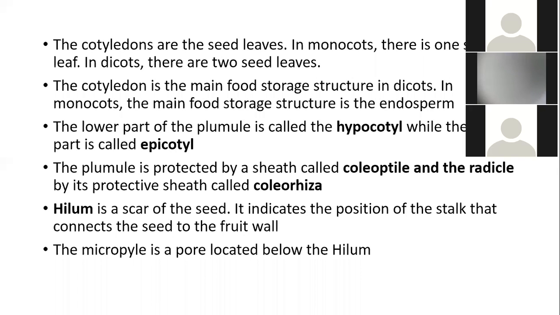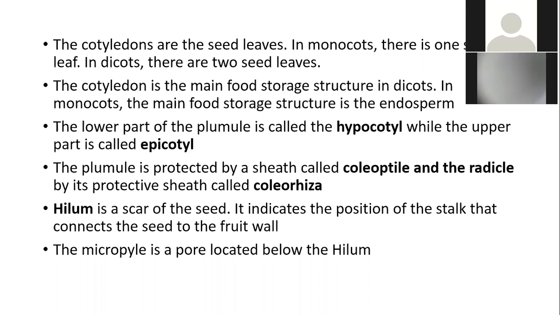Now, every seed has a scar. This scar is the point of attachment of the seed to the wall of the fruit. It looks like something small that attaches itself to the fruit itself. That is what we call a scar, and that scar is what we call the hilum.